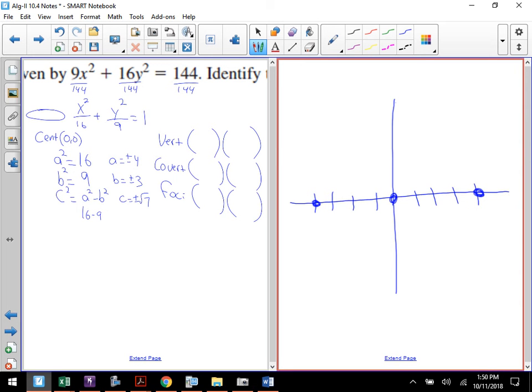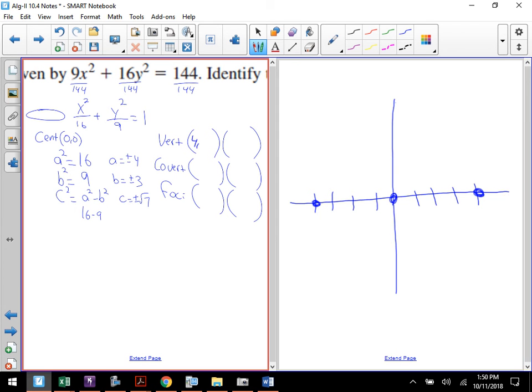Since I plotted those as my vertices, what are those 2 ordered pairs? 4, 0 and negative 4, 0. All I'm doing is listing as I'm writing them out. Co-vertices, they have to go up and down. How many? 3. That's what it says.